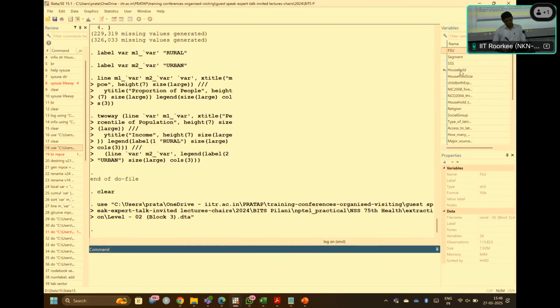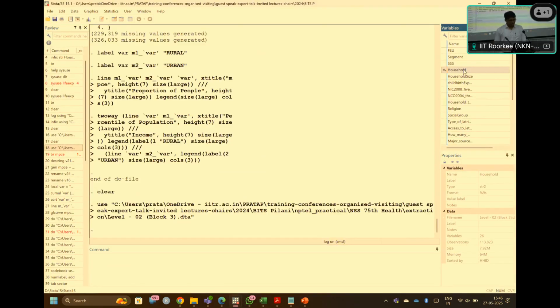Then if it is your individual file, we would need the individual serial number, but since we have opened the household file, we don't have it at this moment. We have only our household serial number. So these are all available in the layout file. From there we extract it.